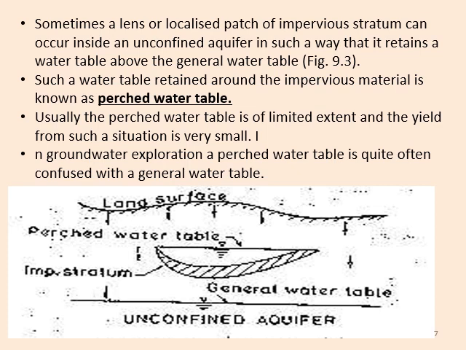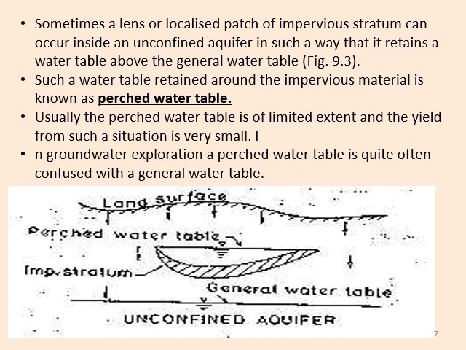So we can see that a small localized area of impervious strata can occur, like in the diagram, inside an unconfined aquifer.